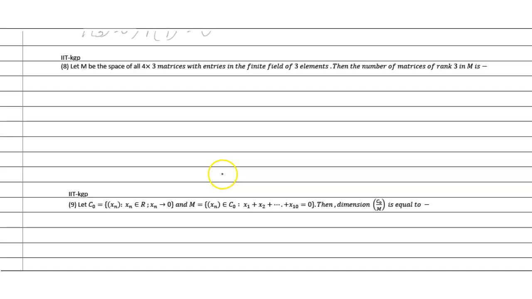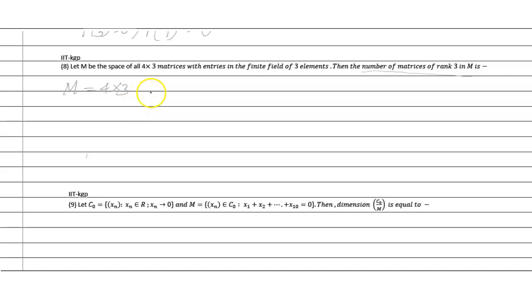Next problem is IIT KGP. Let M be the space of all 4x3 matrices over the finite field with 3 elements. Then the number of matrices of rank 3 in M is? So how can I find out, friends? You must remember M equals 4 cross 3.